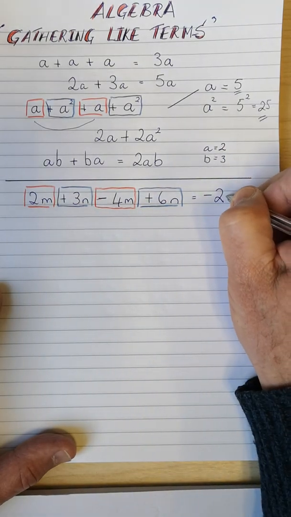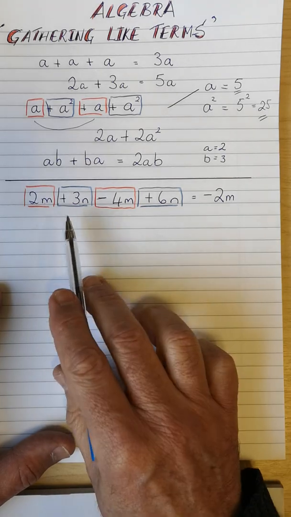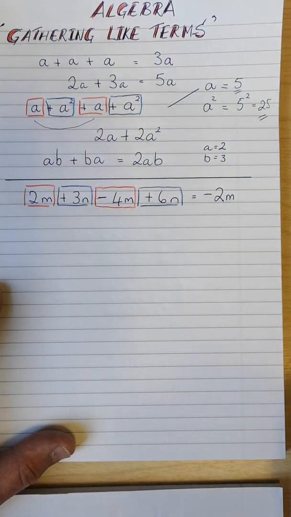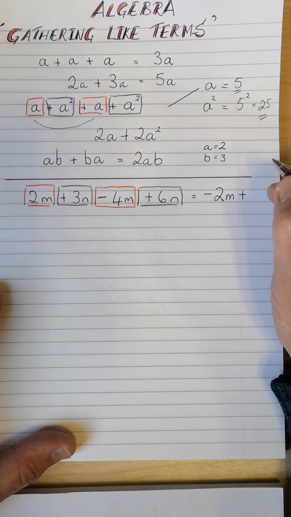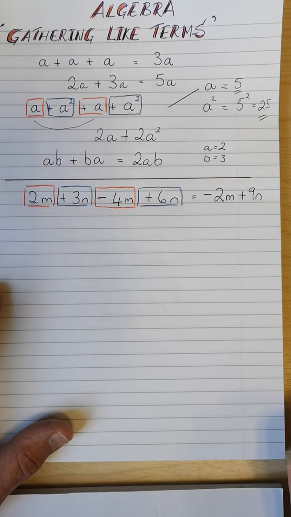So I've lost 4. I'm down to minus 2m. Plus 3n plus 6n. Well, I was in the positives. I get 6 more added onto that. I am still in the positives because it's 3n plus 6n. I have 9 lots of n's. And that is my answer.